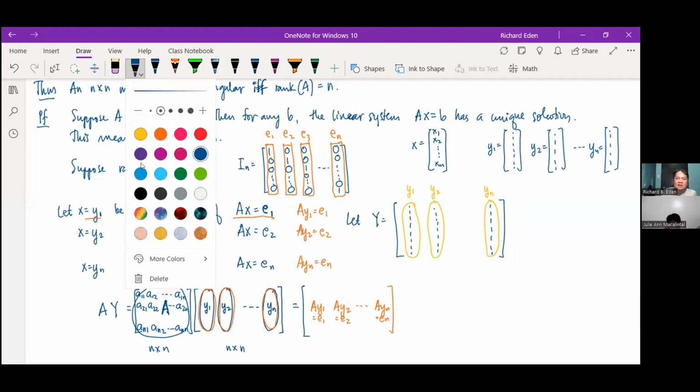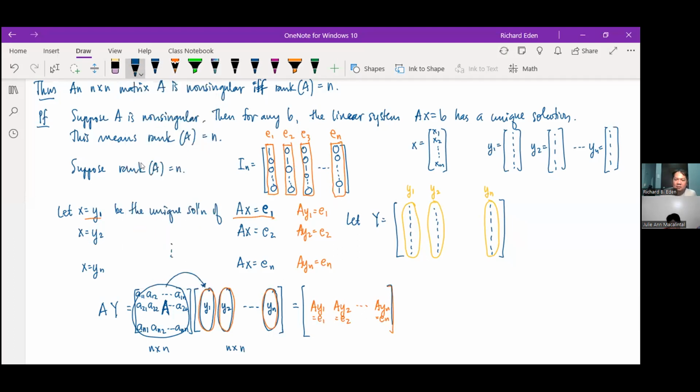Ibig sabihin, we're going to end up with a matrix whose first column is E1, and that's 1, 0, 0, all the way to 0. The second column is E2, and that's 0, 1, 0, all the way down. The last column is E sub n, so 0, 0, 0, all the way down to 1, but this is nothing else but the identity matrix.